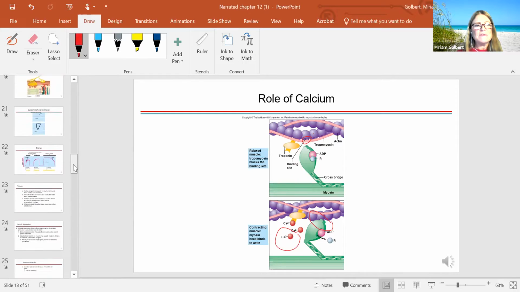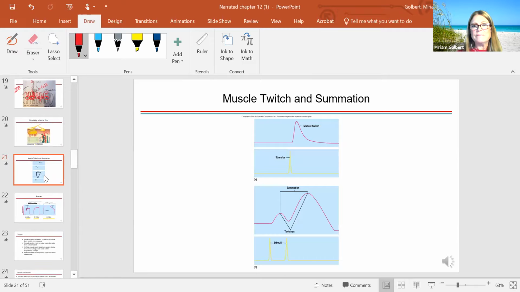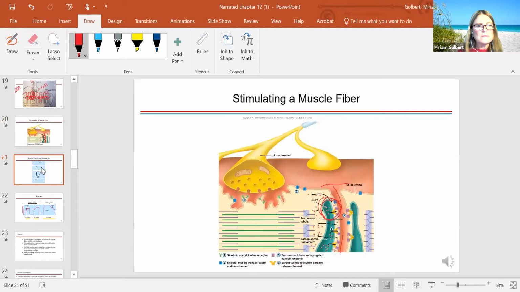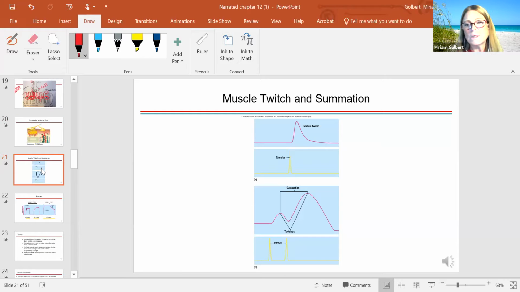All right. And then things that you probably have seen already or have heard, right? What is a muscle twitch? It's just one little contraction. That's a muscle twitch.